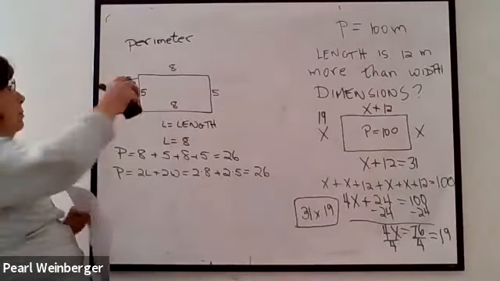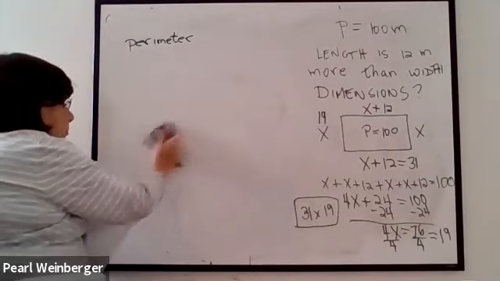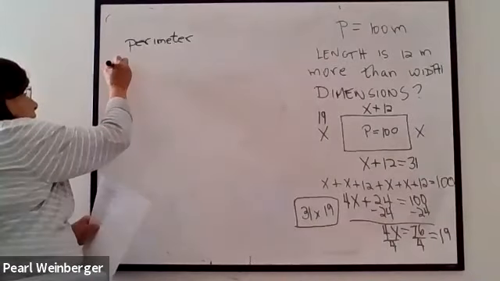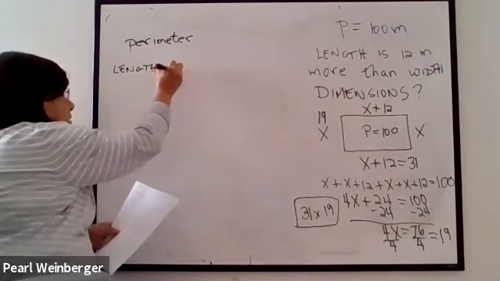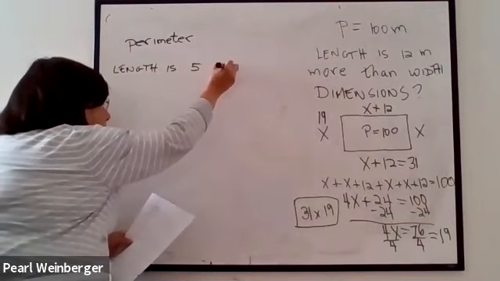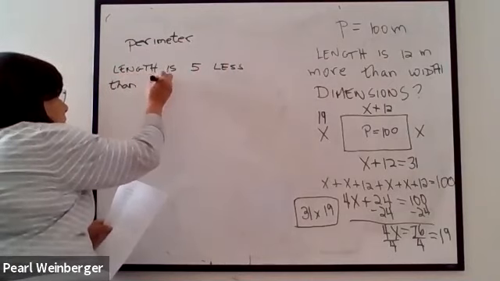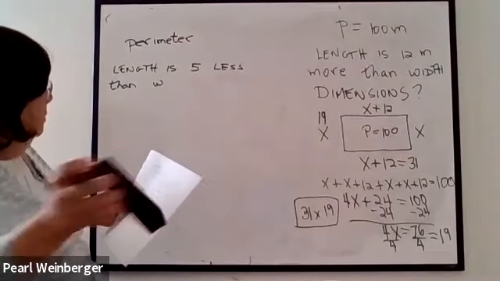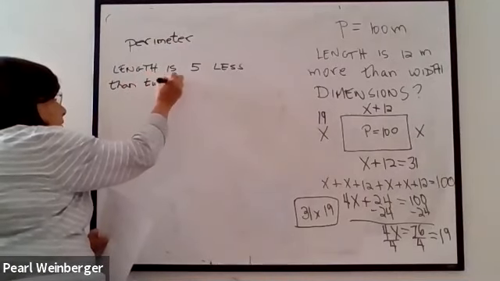Here's the information. The length of the rectangle is 5 less than twice the width.